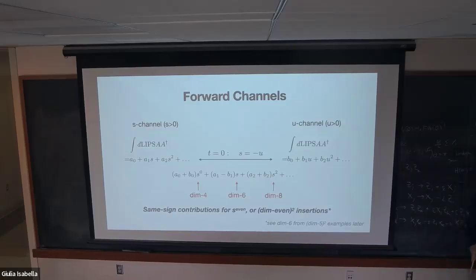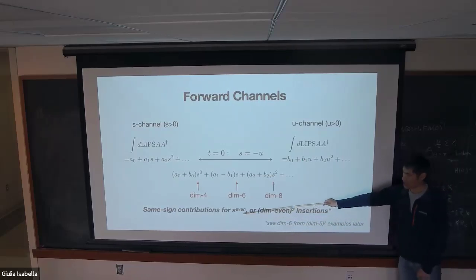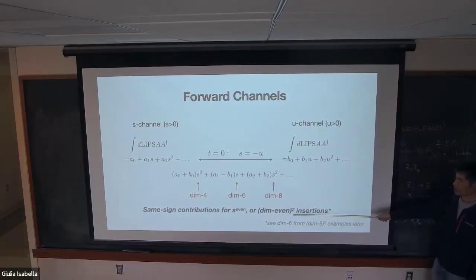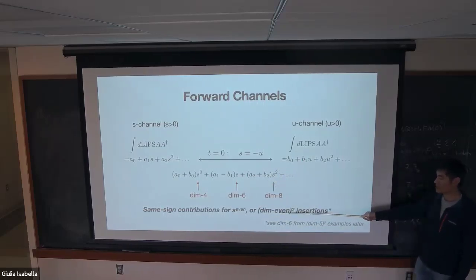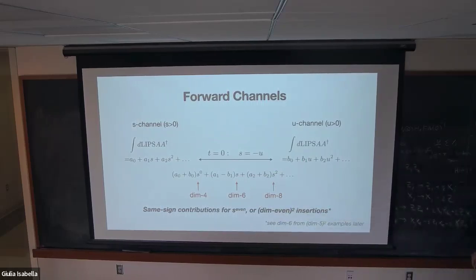So at least for a sufficient condition, you can just consider the power corresponding to even powers of S, like the dimension 8 contribution, or this corresponds to a loop of a pair of dimension 6 operators. So any even dimensional operator insertion will guarantee that you have the same sign between S and U. This is sort of the reason why dimension 8 is really the primary example: you always have this guarantee from the sign between S and U channels.